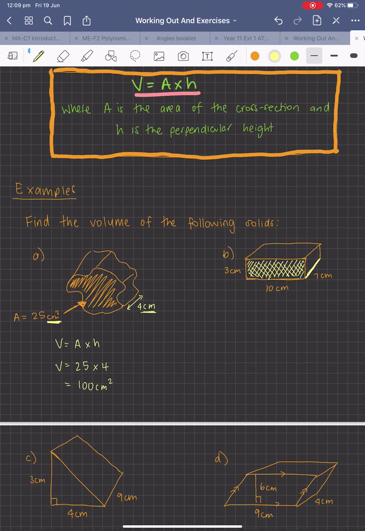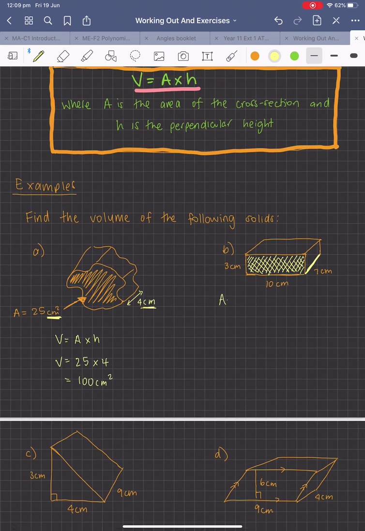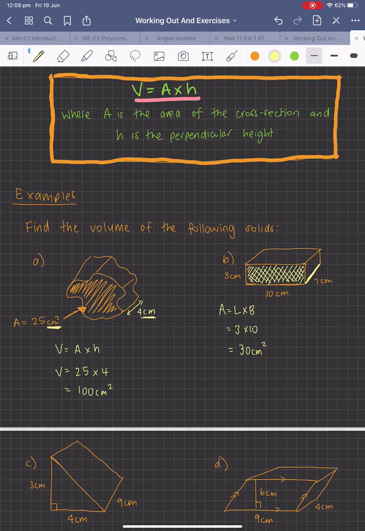So I need to find the area of that rectangle. So area of a rectangle is length times breadth, which will be 3 times 10, which will be 30 centimeters squared.